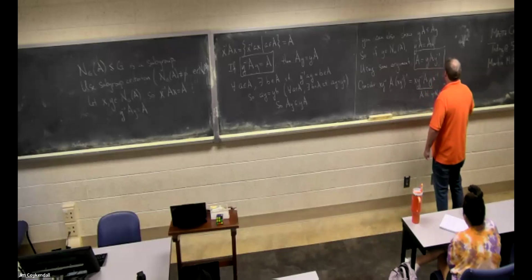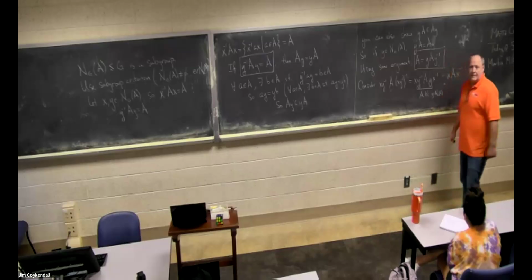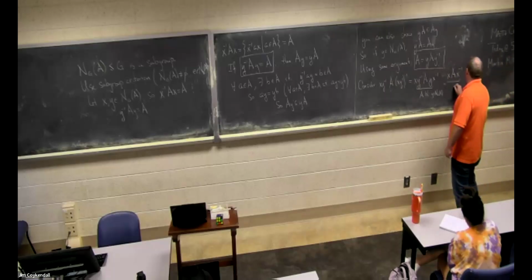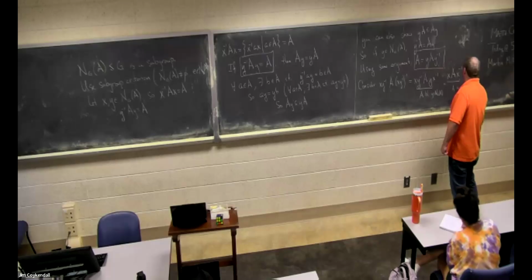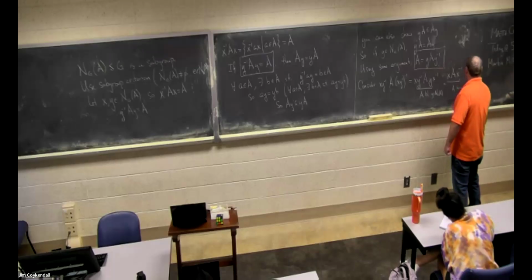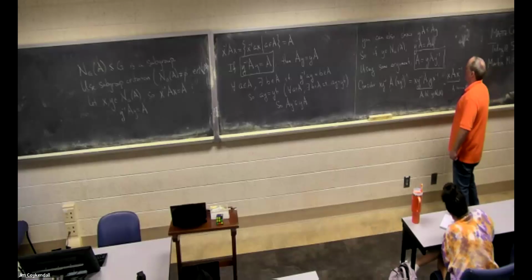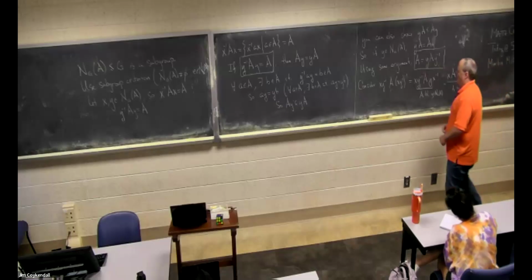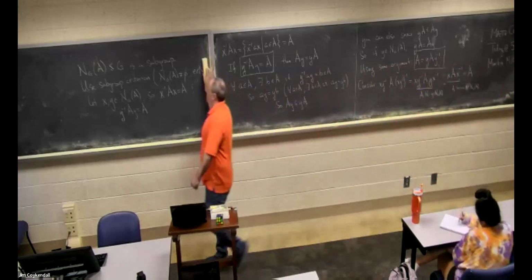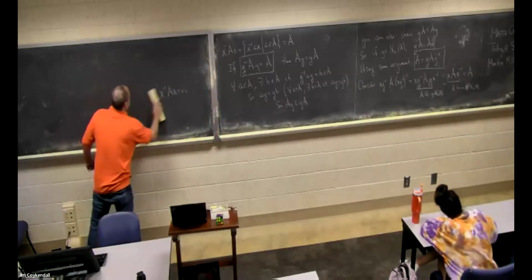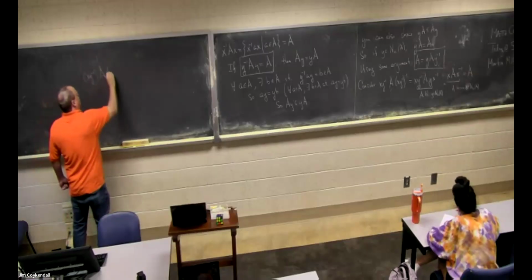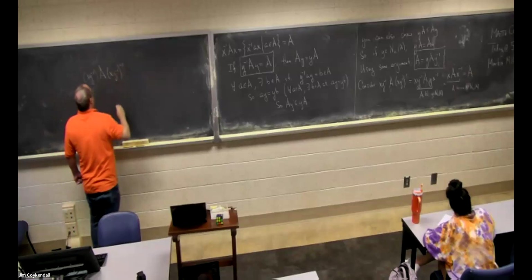So this is X A X inverse. But this is also A, because that's what we proved here, you can lead with an X or a Y. So our conclusion therefore is when I conjugated A by X Y inverse, I still got A.